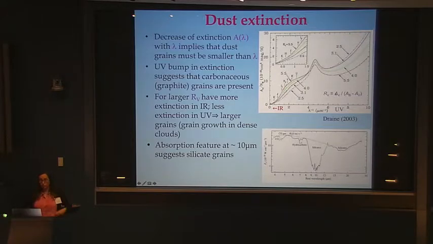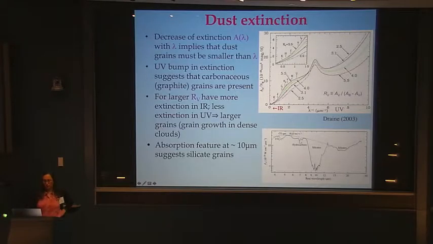So that's why we know they're submicron, because if you had boulders, and you shone an optical flashlight or a UV flashlight or a millimeter flashlight at a boulder, that light would all be extincted the same way. So the fact that there's differential extinction at different wavelengths means that the grains are quite small. They're smaller than all of these wavelengths. And there are certain particular features like this UV bump, which suggests that there are carbonaceous grains present.